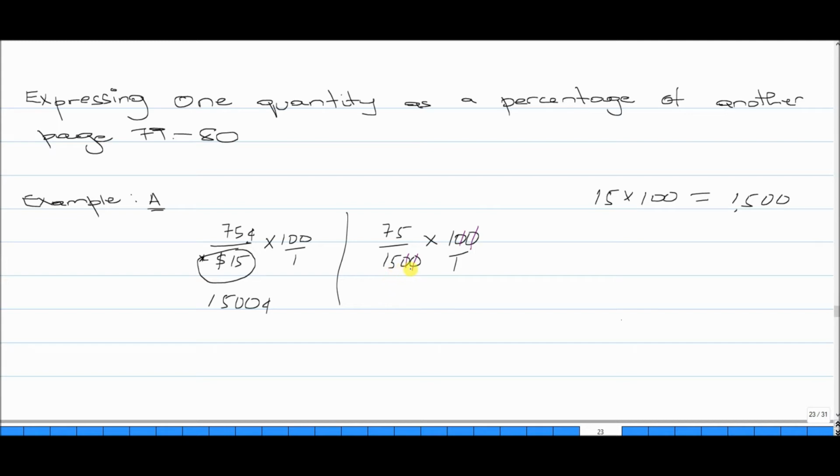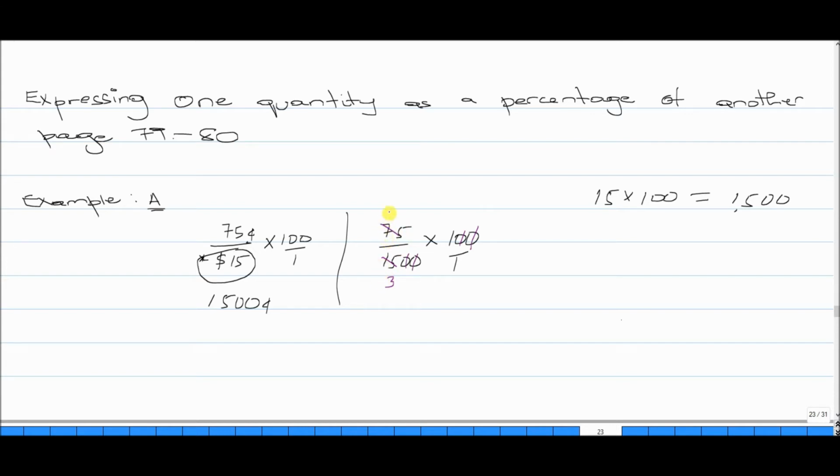It's the same thing. Now, using our knowledge of the rules of divisibility, we could say since 15 has in its ones place 5 and 75 also has 5, it therefore means that 5 could go into both of these numbers. So 5 could go into 15 3 times, and 5 could go into 75.